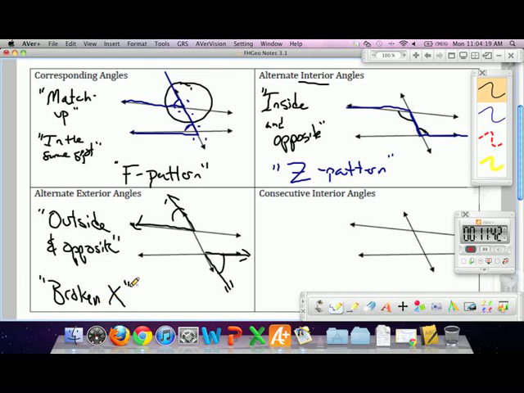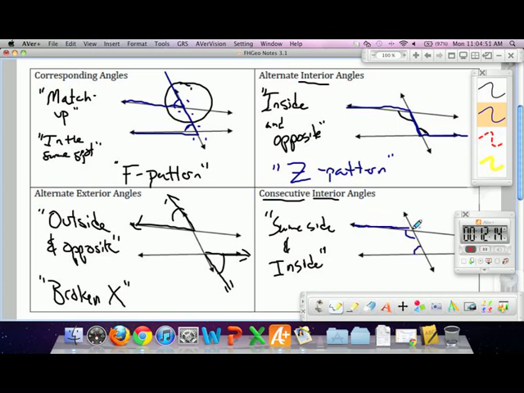The last one is consecutive interior. Consecutive being same side, and inside. If we're thinking of a letter, what letter do we want to call this?